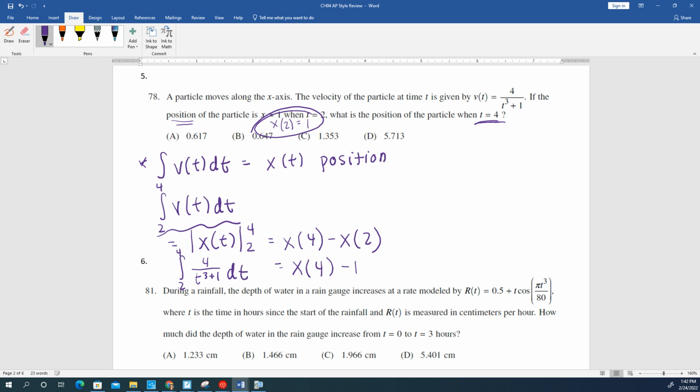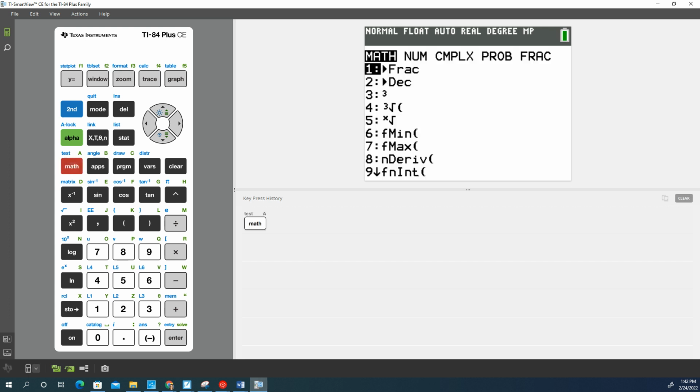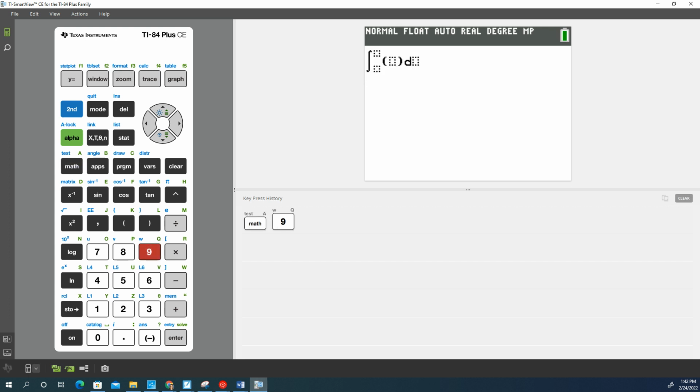Anytime you're given a calculator, especially when your answers are all decimals, you're going to use your calculator to calculate this. So let's pull up my grapher here. Math 9 is how you get the definite integral. So we're going from 2 to 4 of that velocity function. There are 2 ways you could do this. You could just type it right in here, or you could type it into your y equals and do alpha y1.